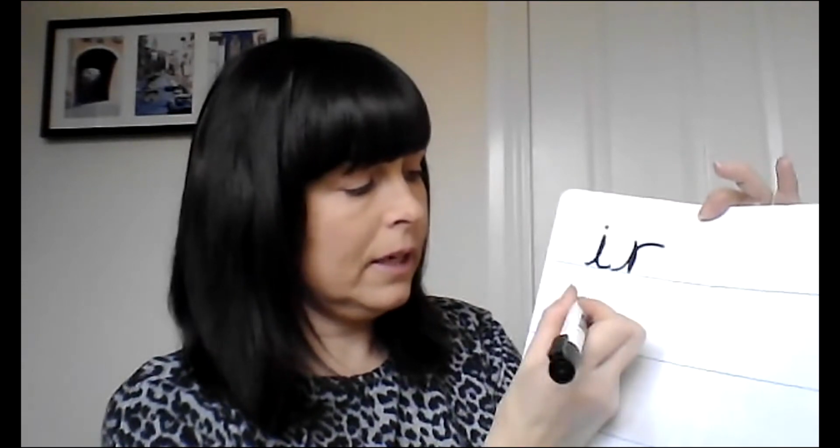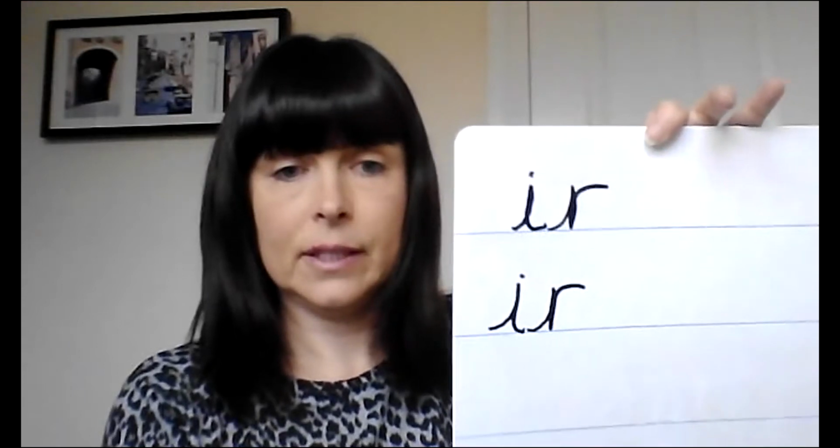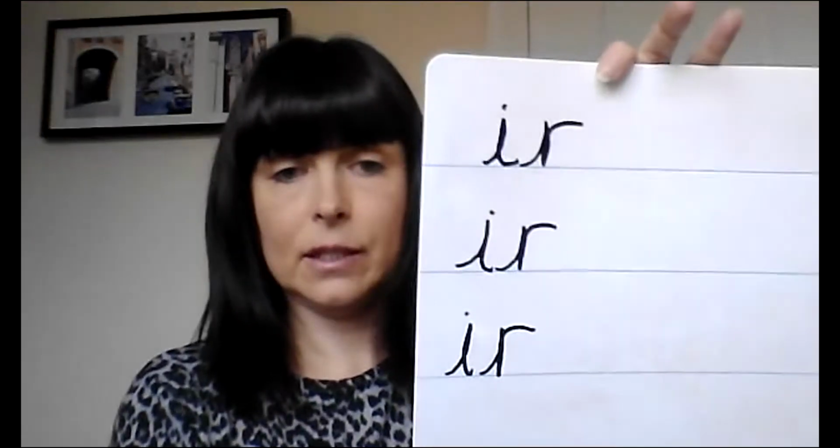We have the I first, and then the R. Have a go at writing that maybe 2 or 3 times to really get that into our memory. Give that a good practice. Well done.